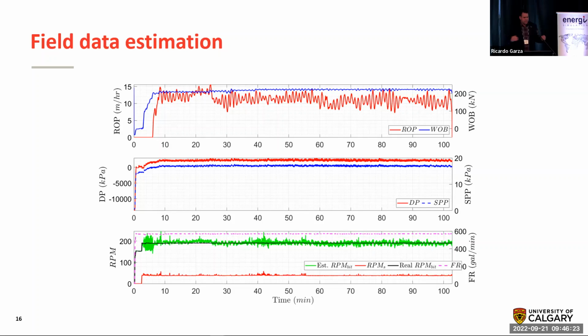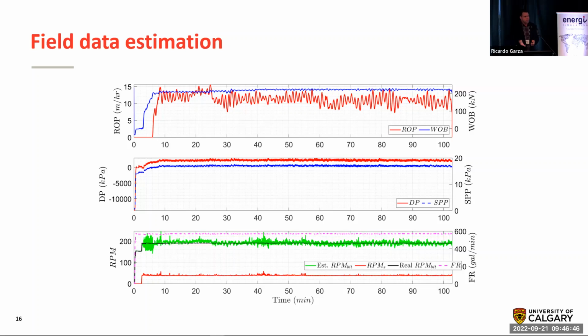Your standpipe pressure is also constant, and your surface RPM is around 80. The green curve is what the model is estimating to be the bit RPM, and the darker blue in the background is the measured RPM, a lower frequency measurement. So what we have here is fairly consistent drilling.